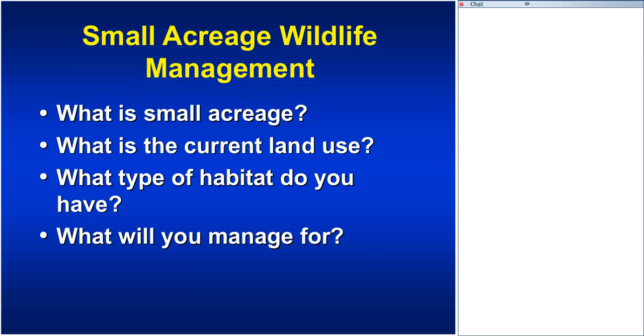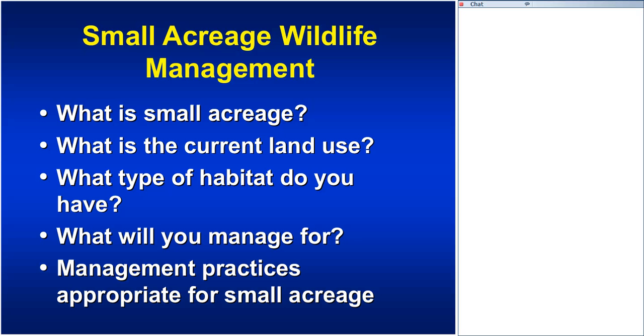But we're going to get back and talk a little bit about deer and how it relates to small acreage. And then we're going to talk about management practices appropriate for small acreage. That's the meat of it, but we've got to cover a little bit of these other aspects first.